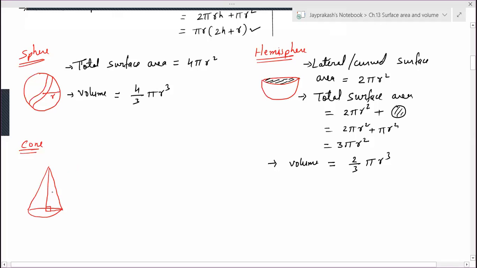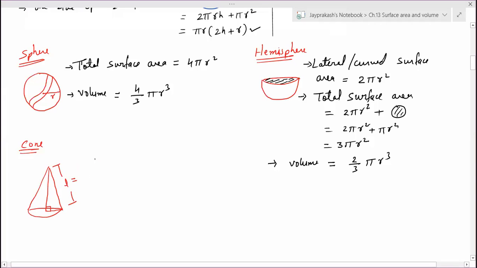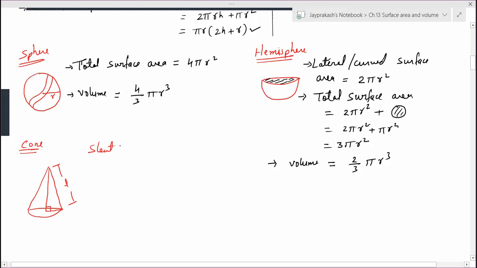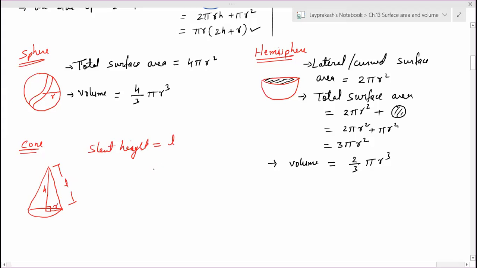This one is the height and this portion is known as the L, that is lateral height, or you can say slant height. Slant height L. And this one is the height while this one is the radius of base.